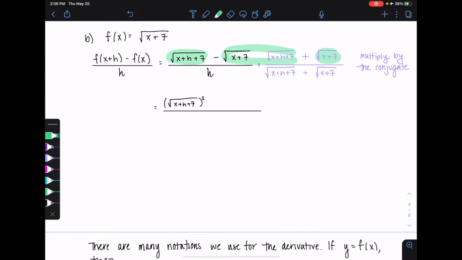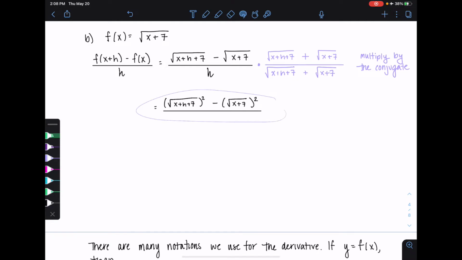The inner is the same thing, but negative. So when you multiply by the conjugate, the outer and inner cancel. And then our last terms would be negative square root of x plus 7 times positive square root of x plus 7. So overall the sign is negative, and you get that square root squared.